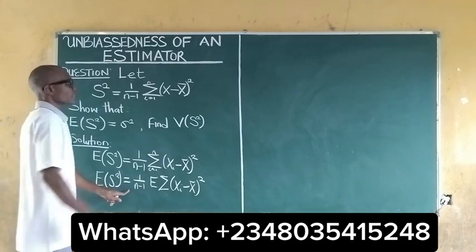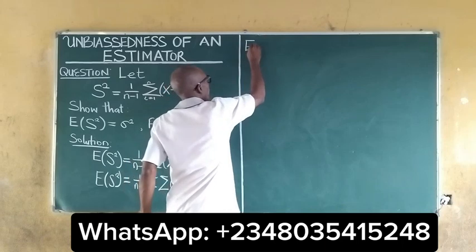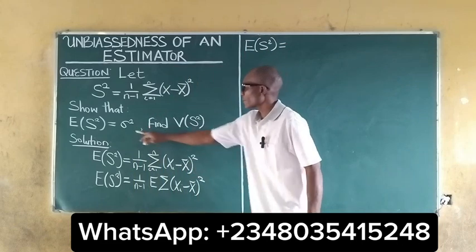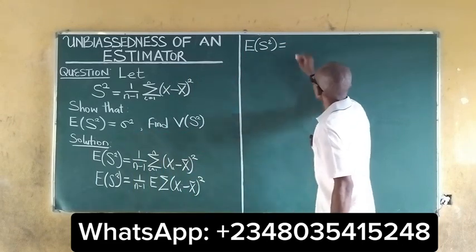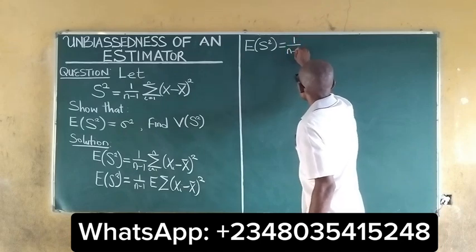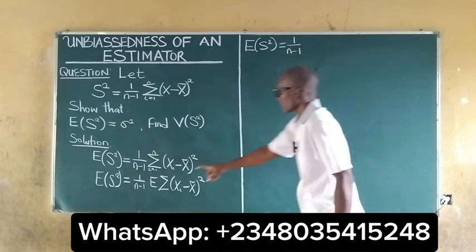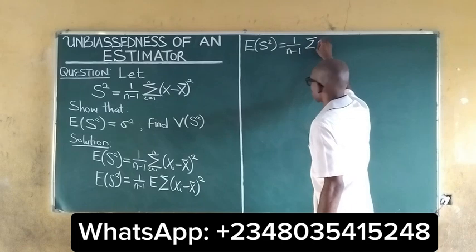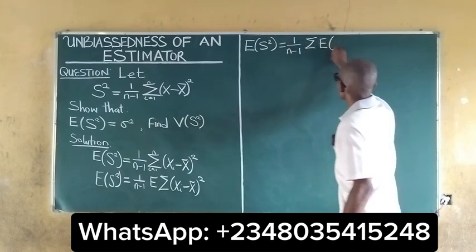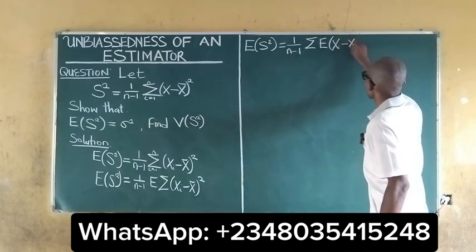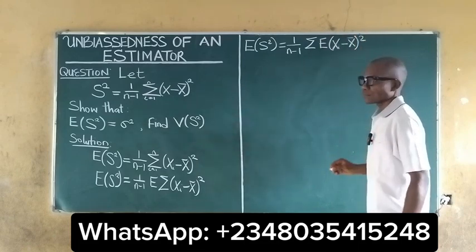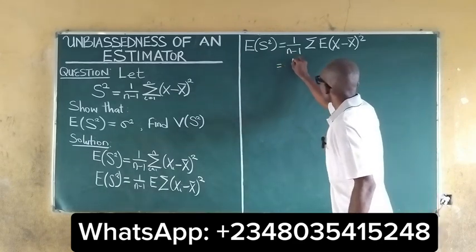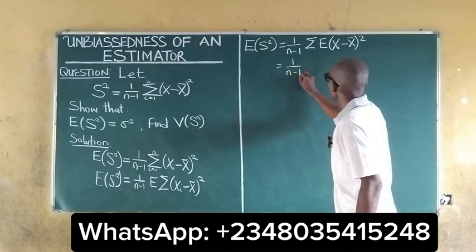So the next thing to do, we come here, the expected value of s squared, we want to show that it's equal to the variance. It's equal to 1 all over n minus 1. And we know that this is a summation sign, so we write it as summation of the expected value of xi minus x bar all squared, which is the same thing as 1 all over n minus 1.